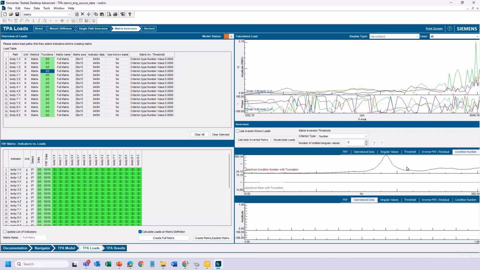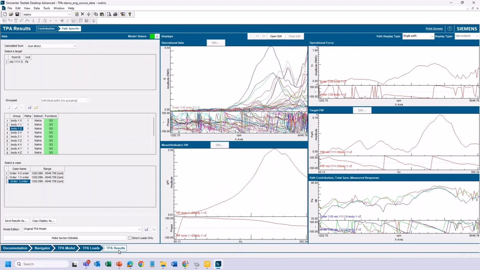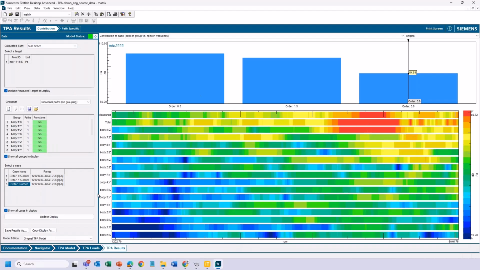It tries to tell you if there's one of those singularities where you have an inversion problem calculating the forces, but it shows you all the forces and everything else here. If you found that there's some very high peaks still, you might have to take some additional FRF measurements, additional operating measurements.